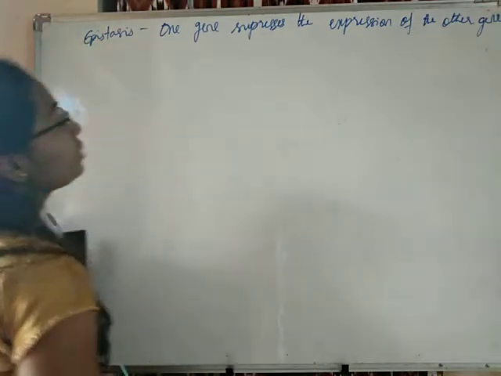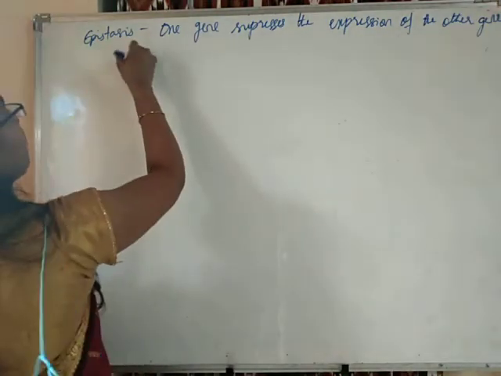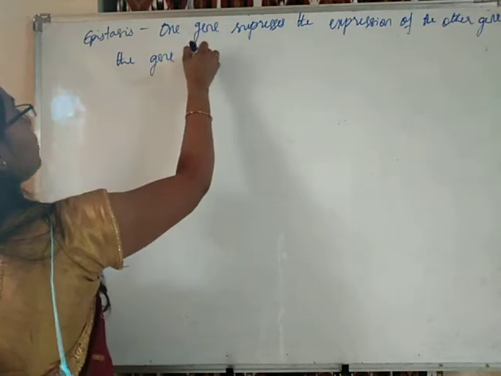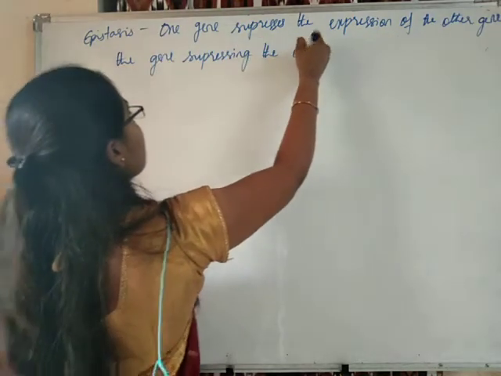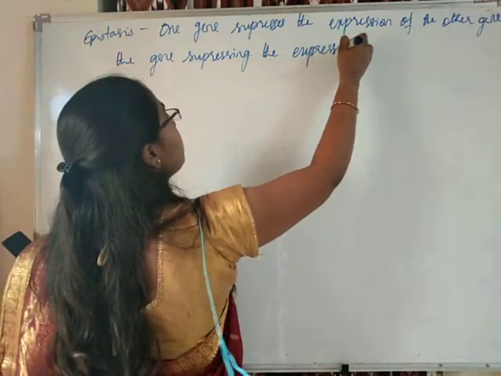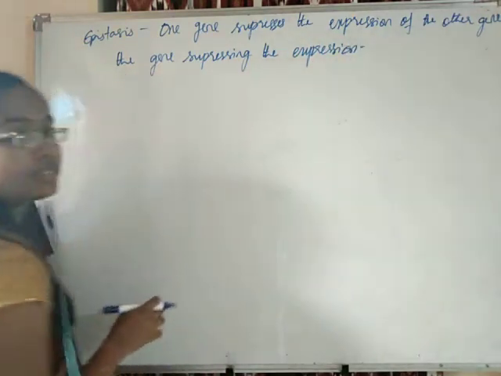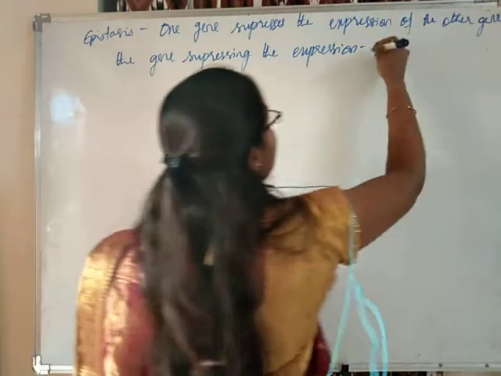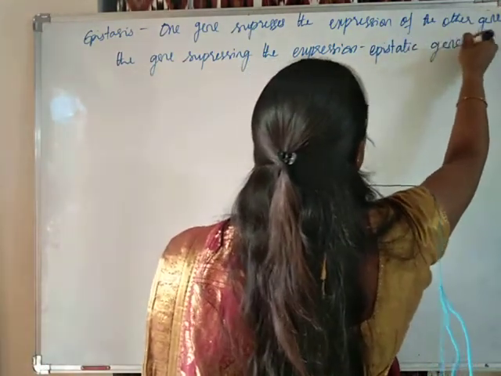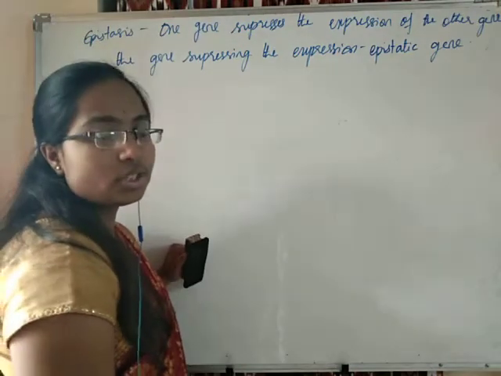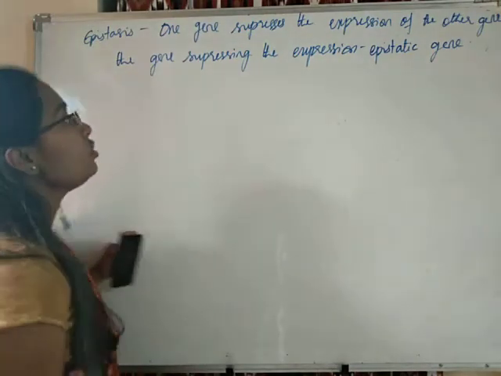So students, the gene which is suppressing the expression of the other gene is called the epistatic gene. The gene suppressing the effect of the other gene is called the epistatic gene.